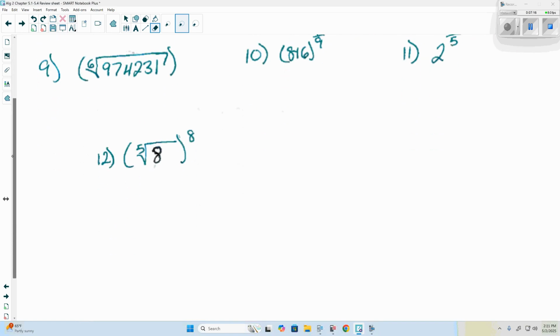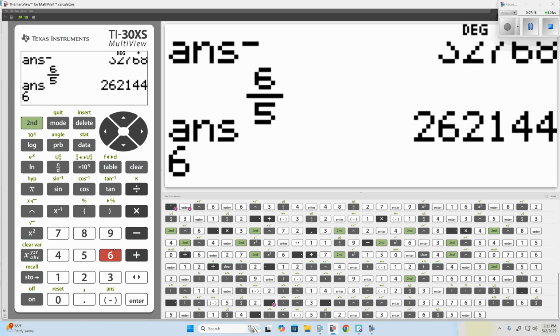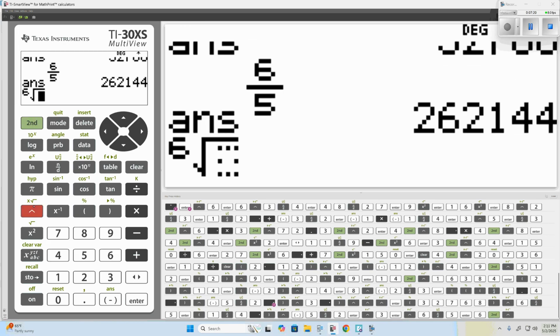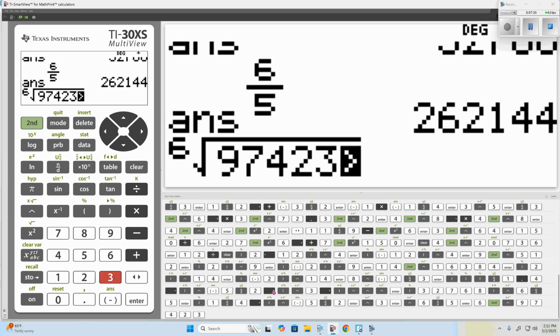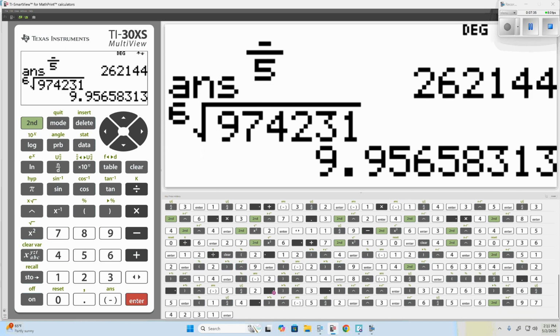But if we look at the first one here, 6, second x root, make sure that 6 goes up into the index, because it will give you a different answer otherwise. 9, 7, 4, 2, 3, 1. 9.9565813. 4 decimal places would be 9.9566.